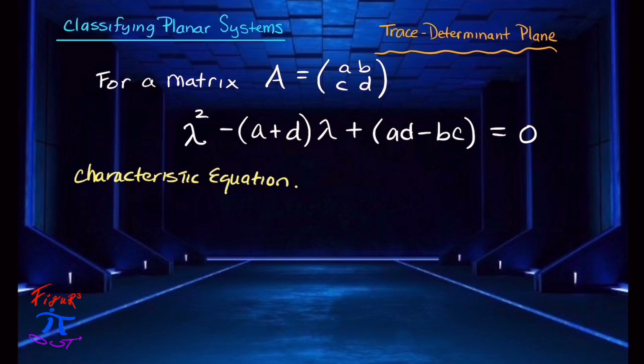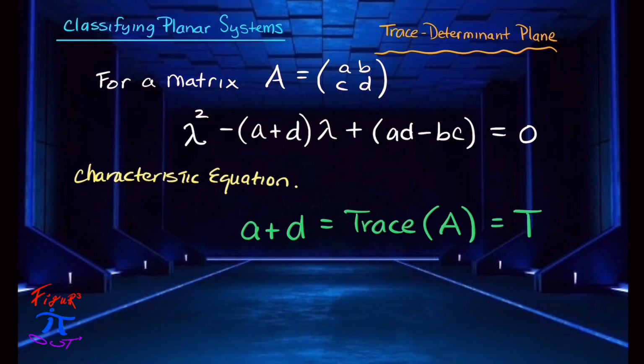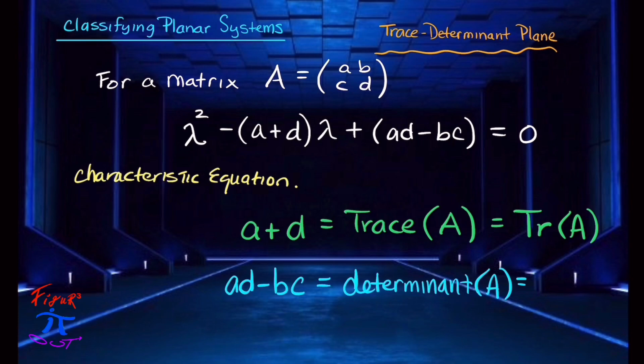Now part of that you might recognize, the AD minus BC. But take a look at the coefficient of lambda, A plus D. That's known as the trace of the matrix A. It's the sum of the diagonal elements. And the AD minus BC, you guessed it, that was the determinant of the matrix A.